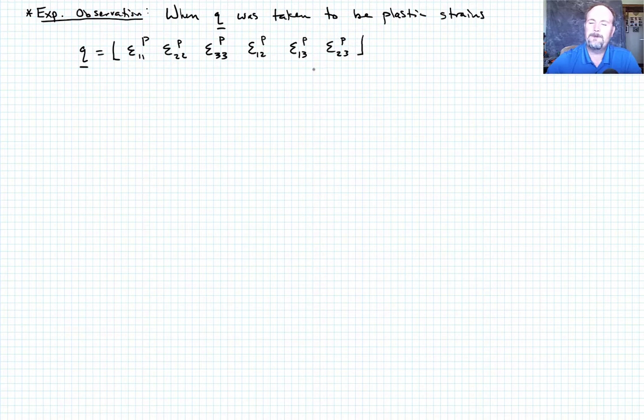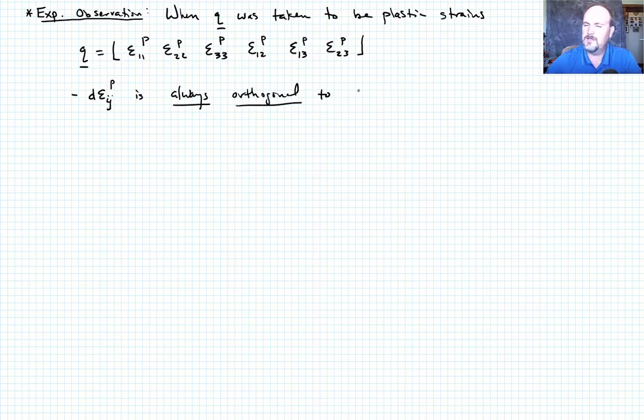Okay, so when we take q to be that, what was found is that the plastic strain increment d epsilon ij p is always orthogonal to the yield function surface.